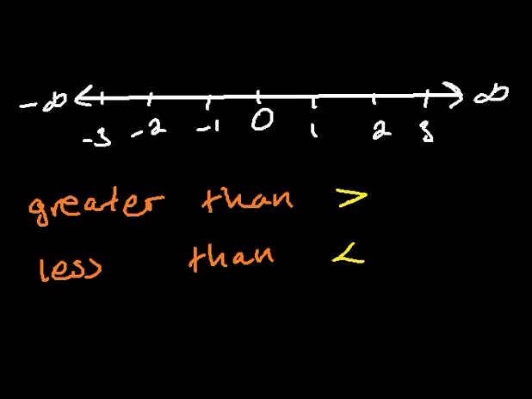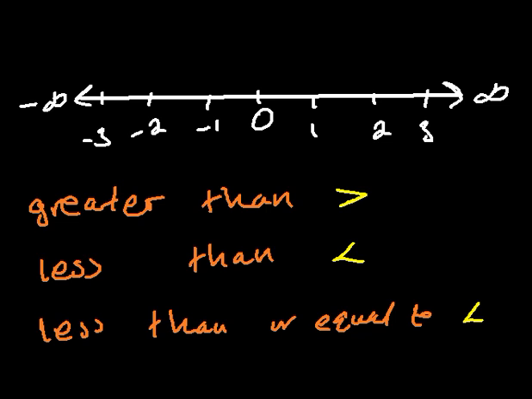And we also have what we call less than or equal to. The sign associated with less than or equal to is given as the less than sign with a horizontal bar down. So that is less than or equal to.